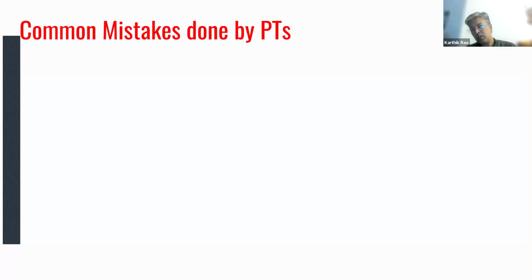Now let's look at some common mistakes made by PTs, primarily novice PTs who have all the right intentions, but somewhere they have practiced a few things by themselves. So I wanted to add this point about what is the common practice and how it should not be done.